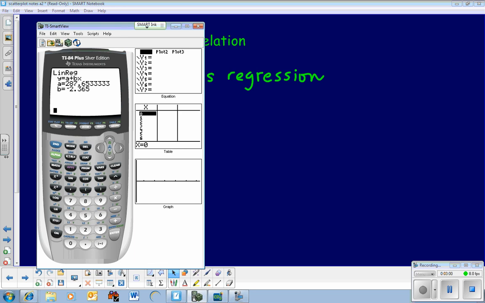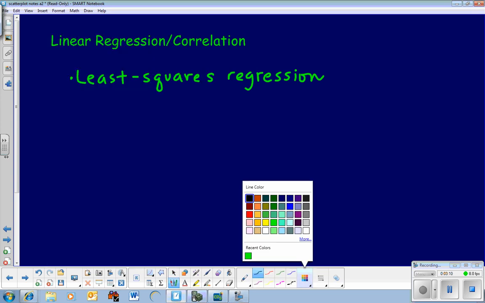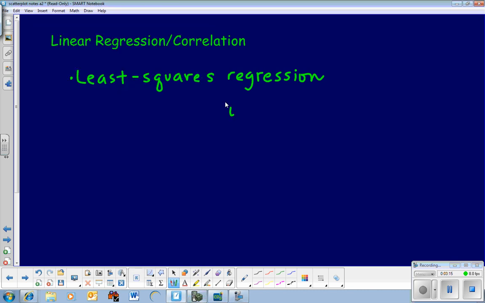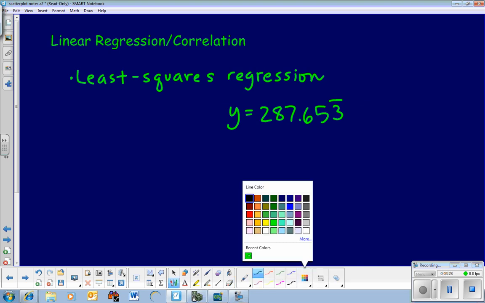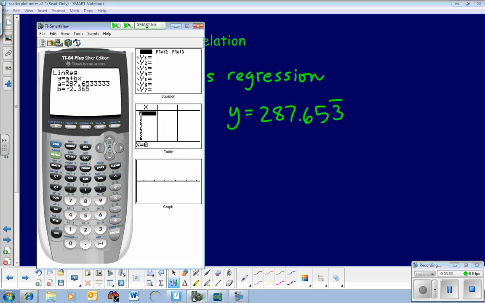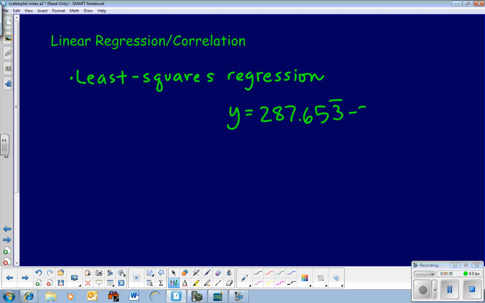The equation of this line is y equals 287.653 repeating, minus, because our slope is negative, because the taller we were, the fewer steps it took, negative 2.365x.